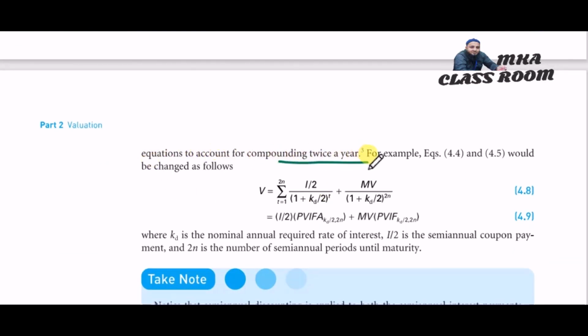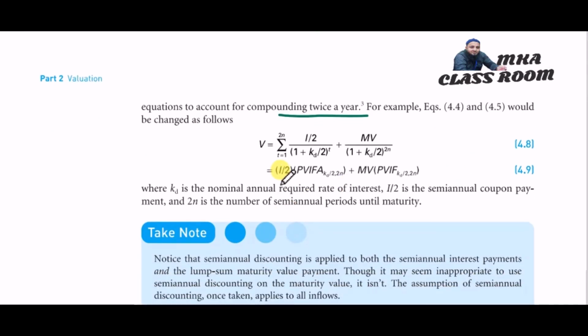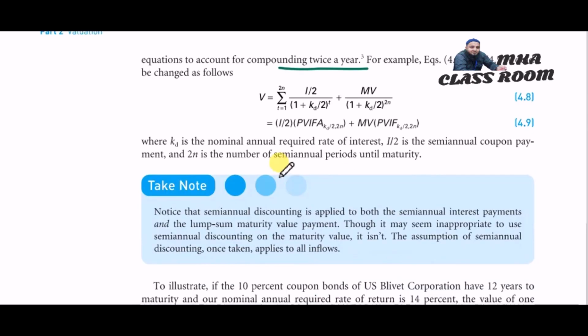With compounding twice a year, it is very simple: V equals I divided by 2 times PVIFA(KD divided by 2, 2 times N) plus MV times PVIF(KD divided by 2, 2 times N). So that is our modified formula.